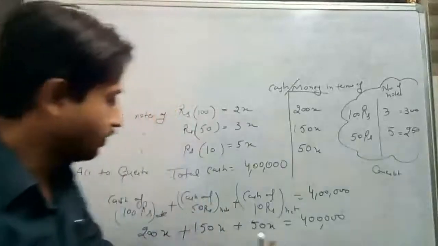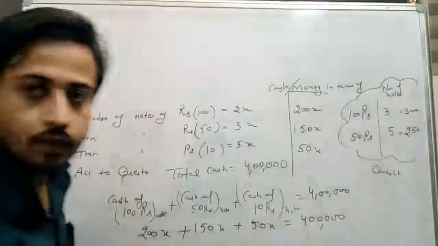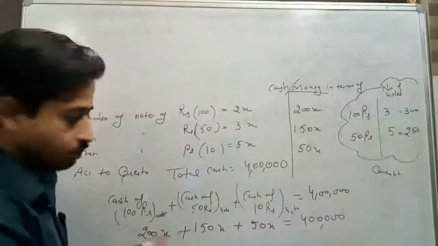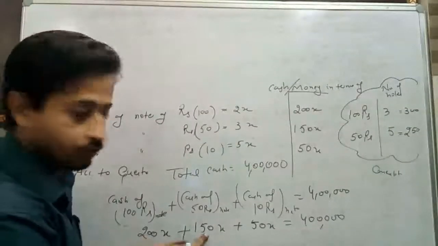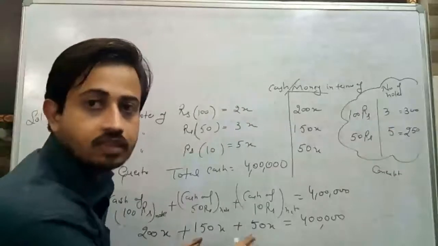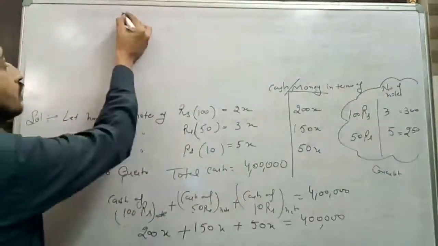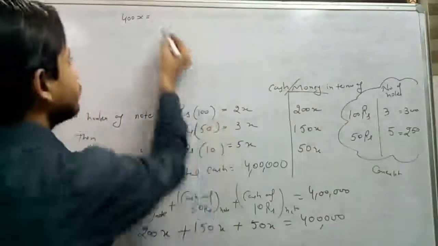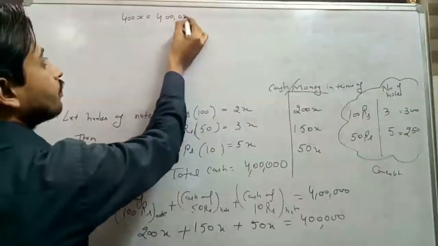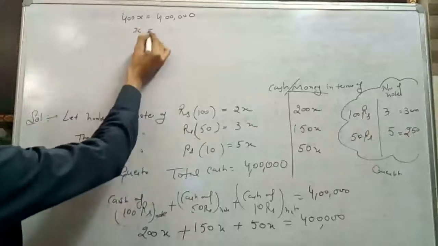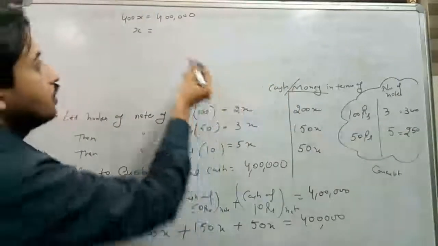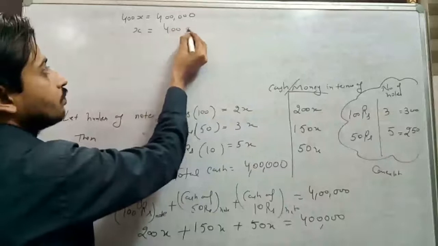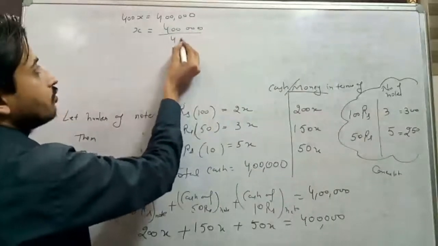So let's solve this here. We add 200x plus 150x, that is 350x. 350x plus 50x is 400x. So 400x is equal to 4 lakh. Now we have to calculate the value of x, so we take 400 to the denominator and divide by 400.